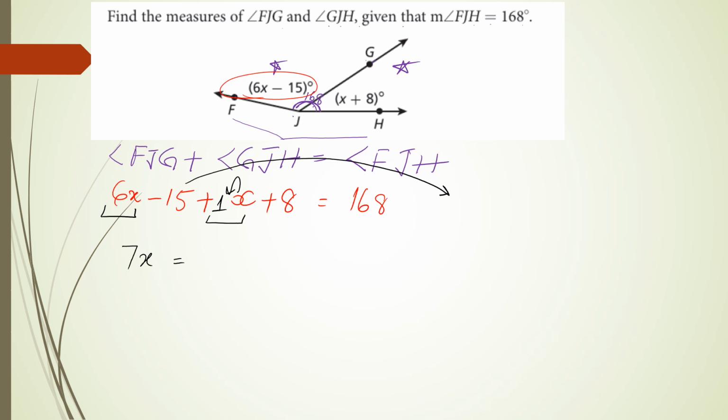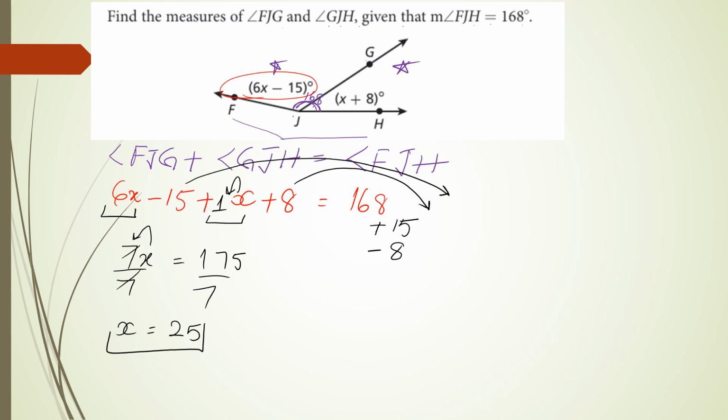Minus 15 becomes plus 15. Plus 8 becomes minus 8. So 168 plus 15 minus 8 gives us 175. Now 7 is multiplying with the x, so divide both sides by 7. X equals 175 divided by 7, which gives you 25.